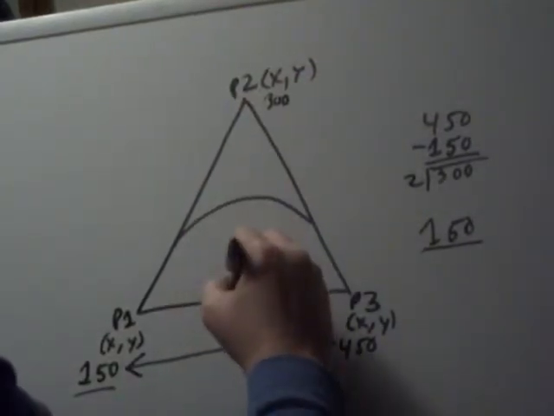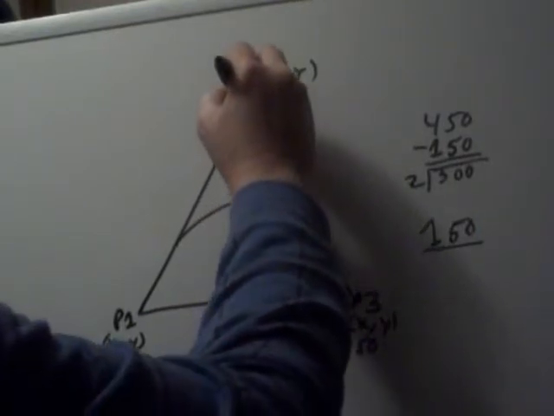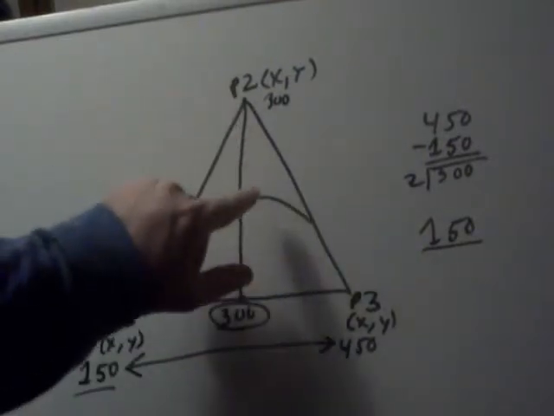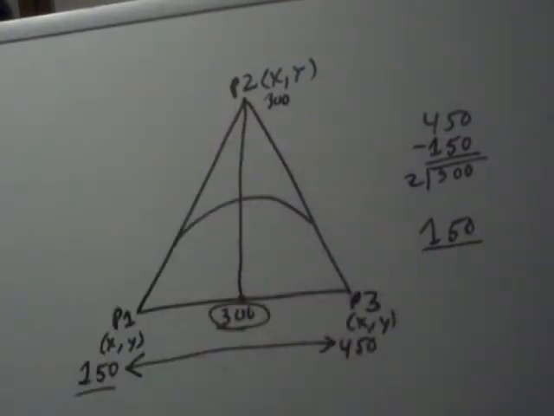Because we can draw a perpendicular line between that 300 and point 2. And when we draw that perpendicular line, we have 300. Now, this also tells us one other thing.